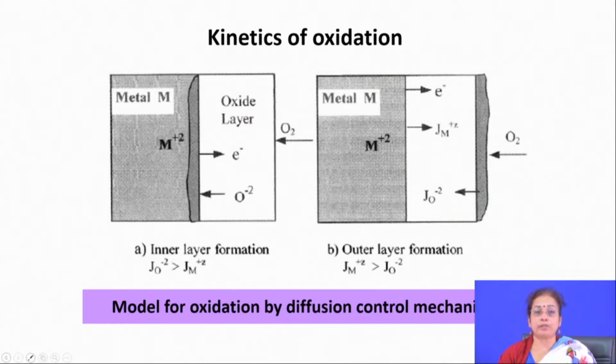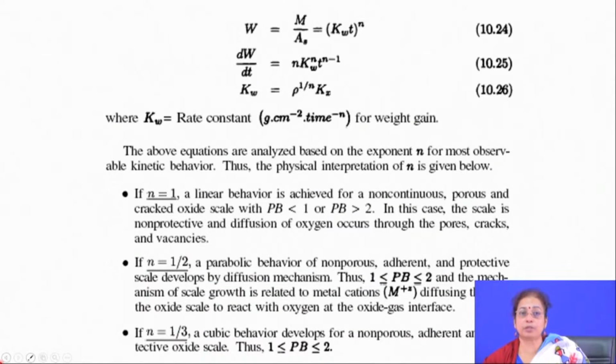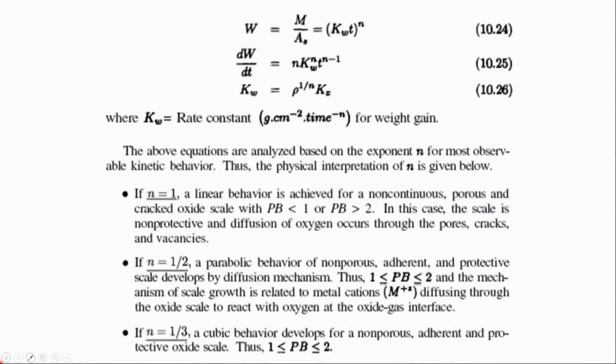So, inward movement of the oxygen or outward movement of the metallic ion are responsible for the kinetics of the oxidation at a later stage. If you quickly go through the different kinetics that are followed in the oxidation process, you will find that there are basically 3 categories. One is linear behavior, another one is parabolic behavior, and the third one is cubic behavior.